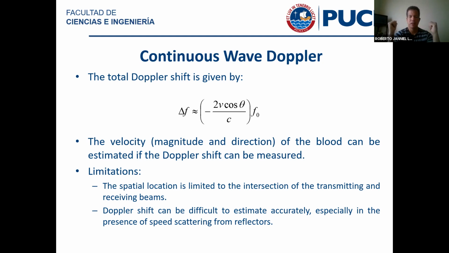One of them has to do with the spatial localization. The issue here is that because you need to have your transmit and your receive beams interacting with each other, the region from which you're receiving signal can be relatively large. Your spatial resolution can actually be limited.